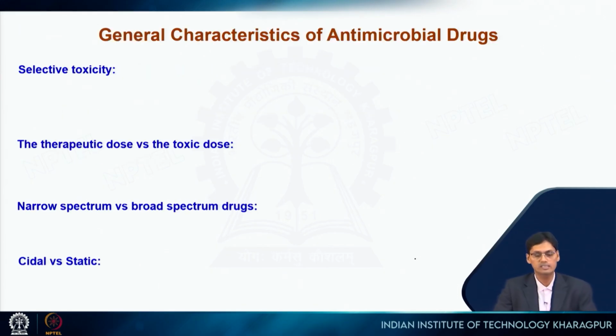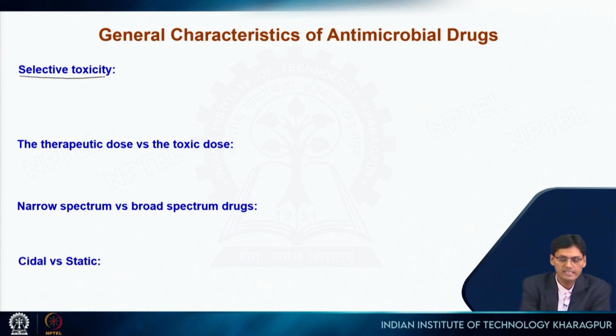So let us discuss together first about the general characteristics of antimicrobial drugs. There should be some important properties of an antimicrobial drug. So first of all, there should be selective toxicity, because when we are trying to target microbes, in this lecture mostly we will focus on bacteria as well as virus.